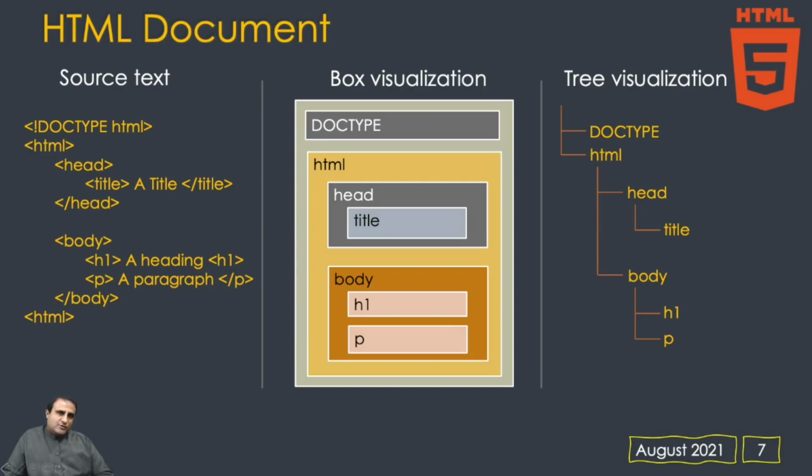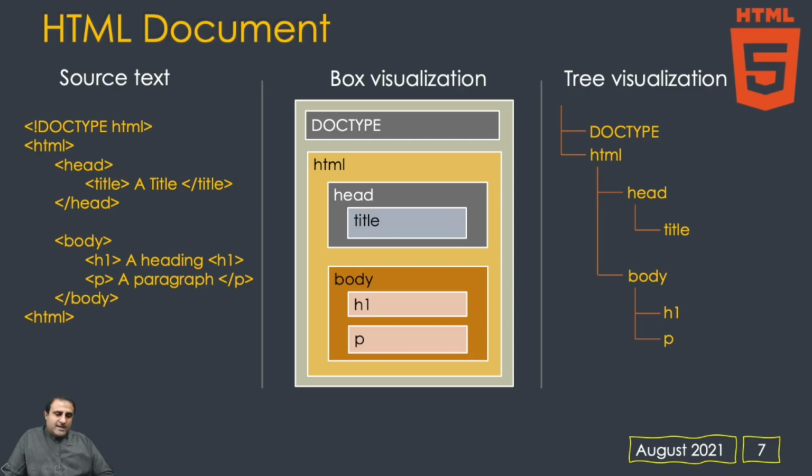We can visualize the HTML document as the source code. We can also see the box visualization, and we can also see the tree visualization. At the basic level, we have the source text or the HTML document. We have some tags starting from the doctype. This is the HTML5 version.